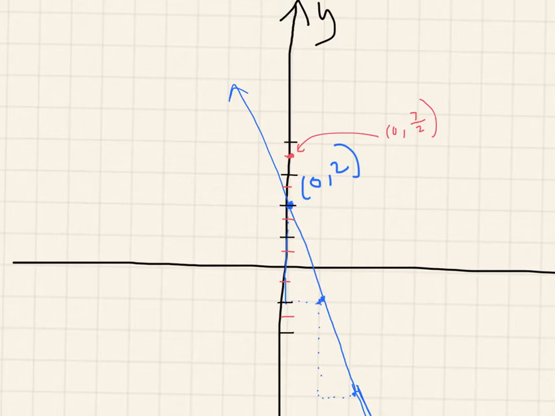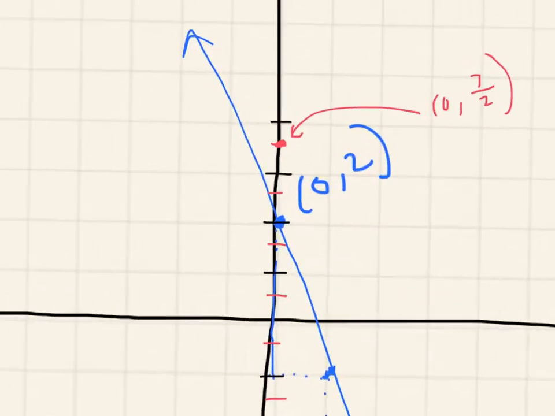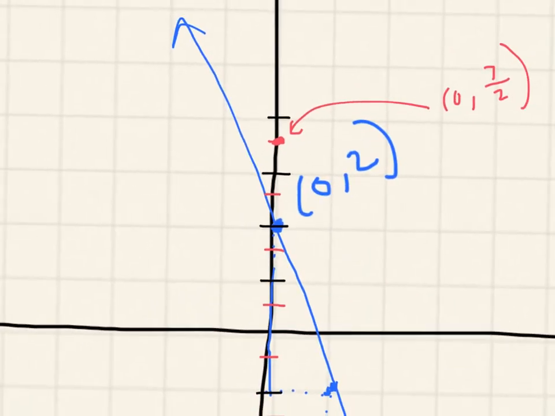So we want to go down 3. Let me zoom in a little bit. If I go down that unit, that's only going down a half, not 1, because 1 would be the whole thing. So here's a half, and here's another half, assuming my halves are right, though that's actually a really bad half.